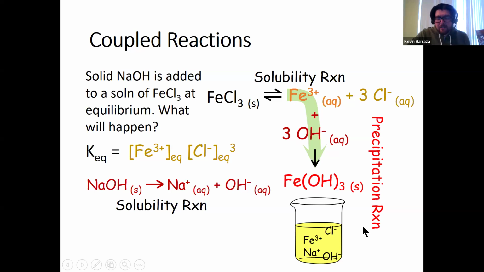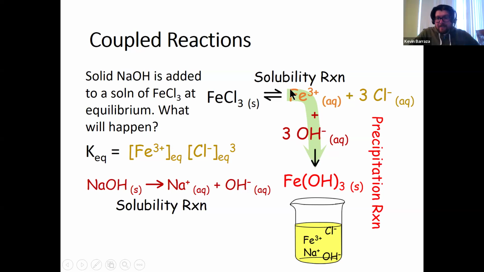So what does this mean? Iron ions are going to get used up to make a solid. So here's how we're impacting the equilibrium. Iron 3 ions are disappearing from the solution. So what will this reversible reaction do?